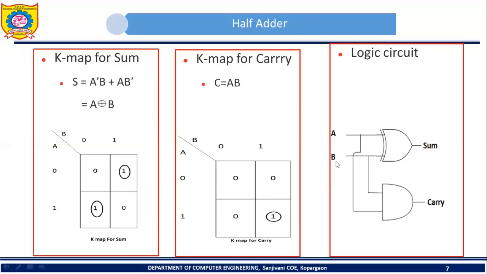A and B are the inputs. Then we perform an XOR operation between A and B, and we will get sum. Then we perform an AND operation between A and B, so that we will get carry. AND operation between A and B will generate the carry. In this way, a half adder can be designed.